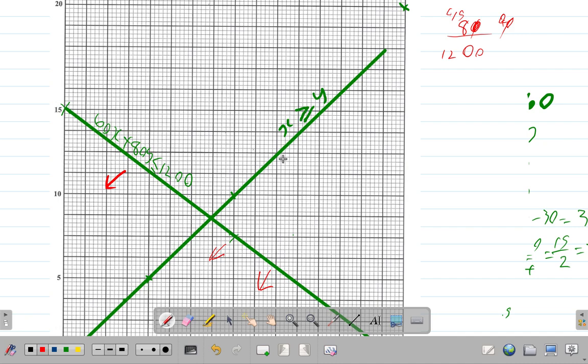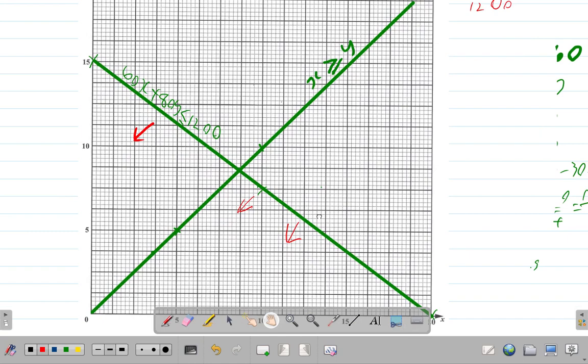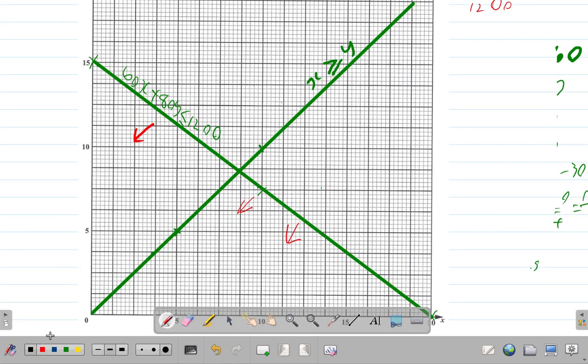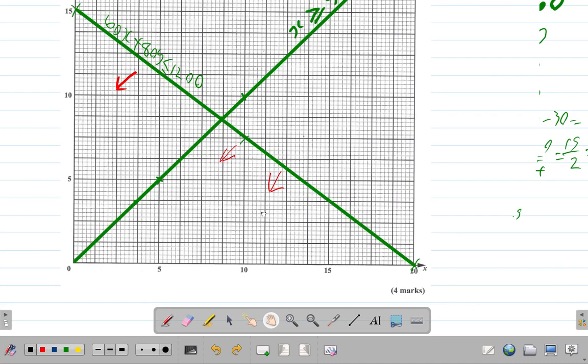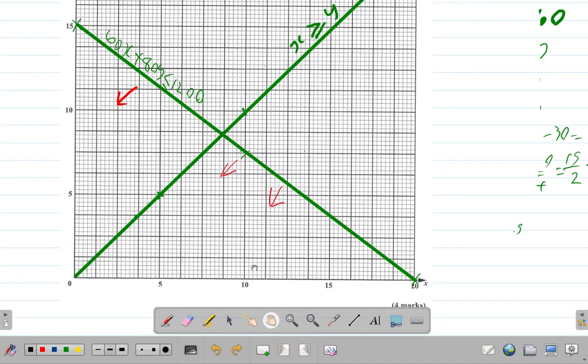Now what about x greater than or equal to y? We want to find a region that satisfies that inequality. So let's try somewhere along here, somewhere on this side of that inequality, and see. We could have tried the point 10, 0. Right?